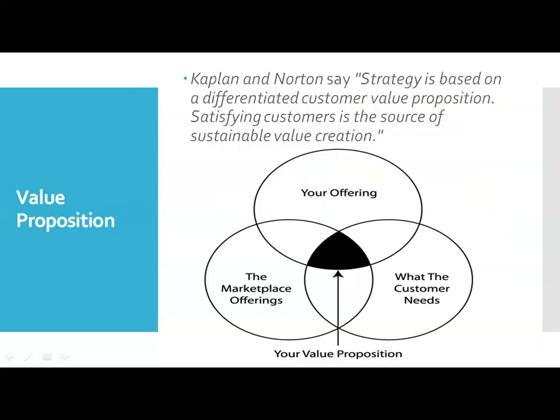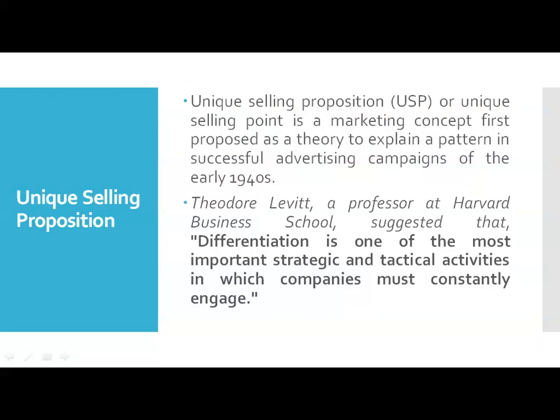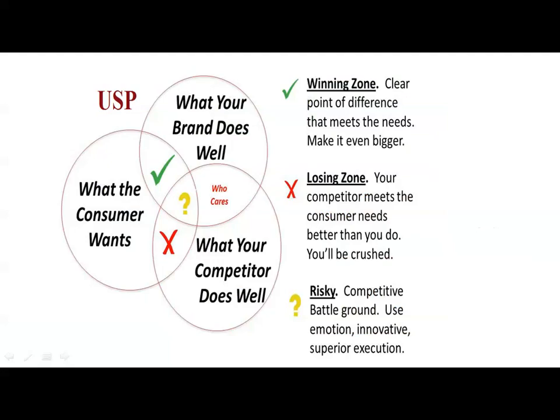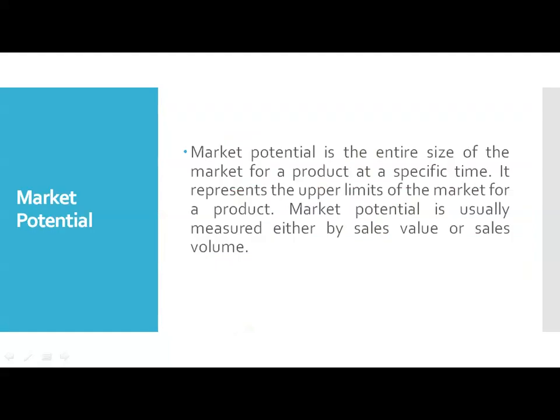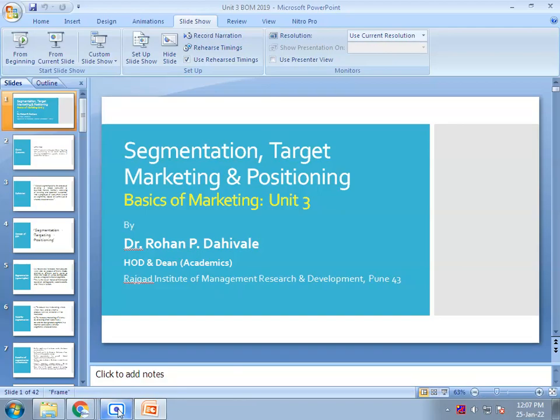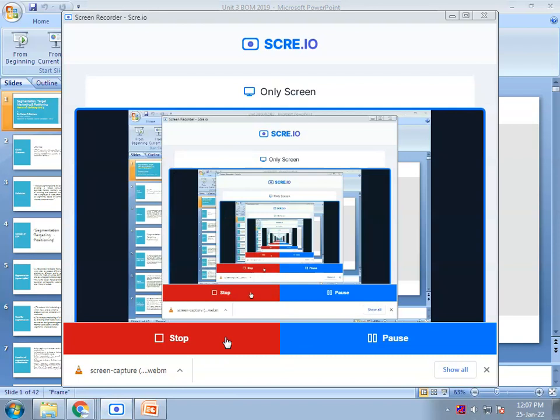What is differentiation? Then, what do you understand by value proposition and USP? So, this unit number 3 is full of various concepts like USP, etc. Also, market potential and market share. These are the concepts we are looking at. So, maybe next week or the week after next, we will finish this unit.